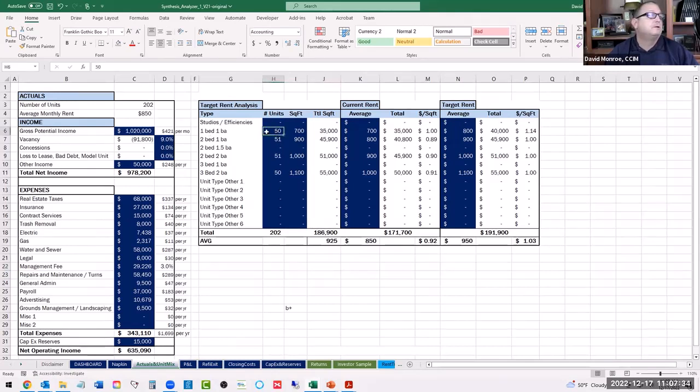So if I go Control C, Control V, Control V. So I got my 3 1 bed, 1 bath. I've got 3 2 bed, 1 bath. Control V, Control V. And I've got 3 2 bed, 2 bath.